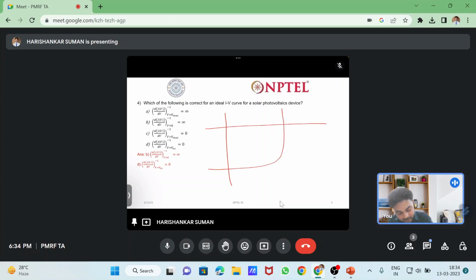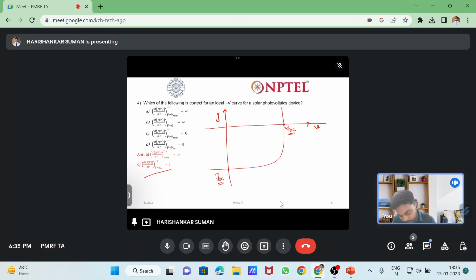There is an IV curve. This is V, this curve is J. We have to take the derivative and take the inverse. Here is VOC, here is JSC.